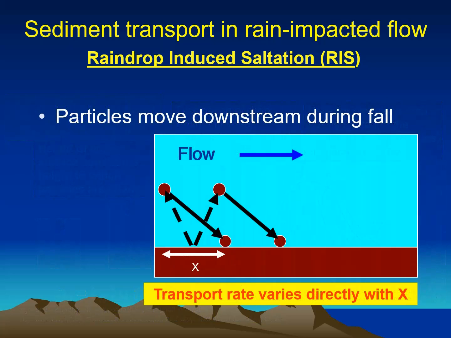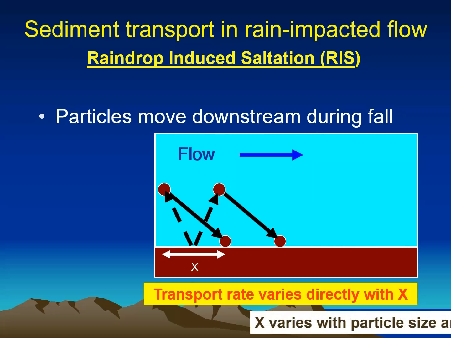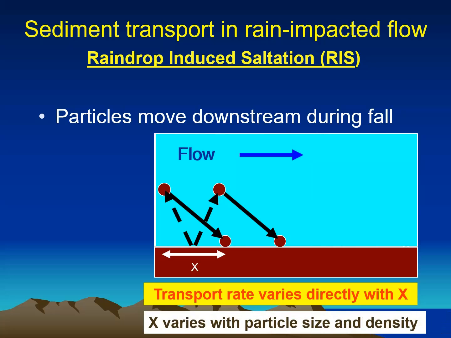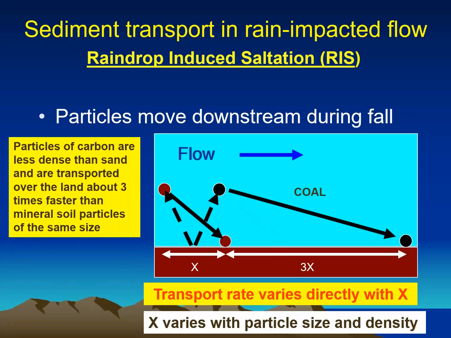As noted earlier, the transport rate varies directly with x, and x actually varies with particle size and density in addition to the height at which particles are lifted. Particles such as carbon are less dense than sand and consequently are transported at a faster rate than the mineral particles.